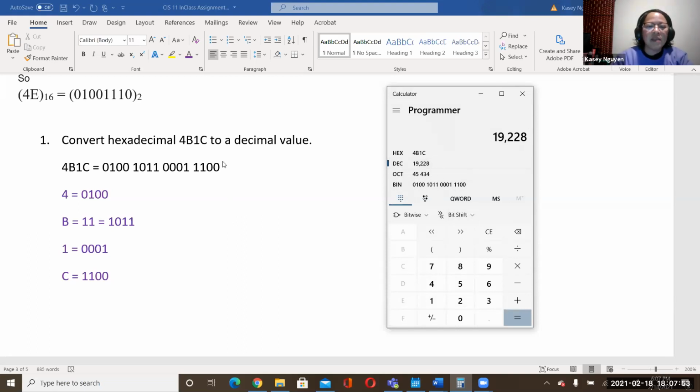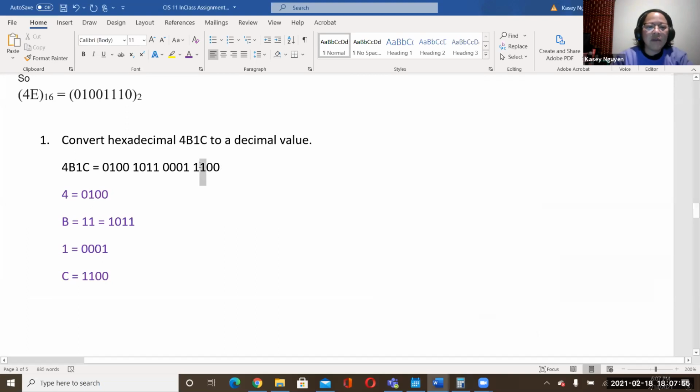Why is that? Because remember, we have to add up all of these ones, and you're going to start from the right. Remember the scale, right? We have 1, 2, 4, 8. So 4 and 8 is added there. So you have to do a 4 plus an 8. And then after that, that will be 16.